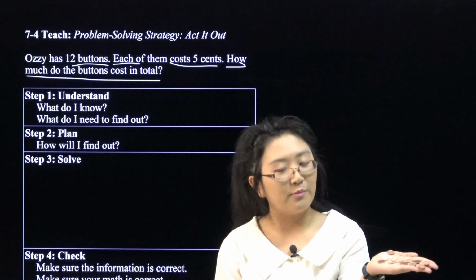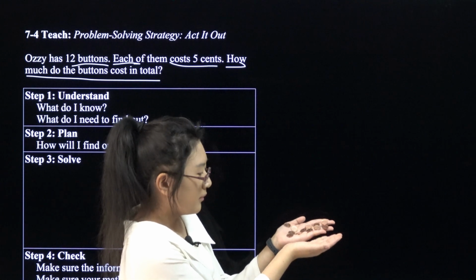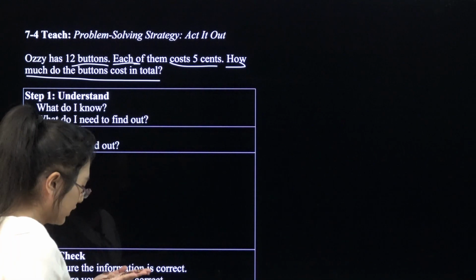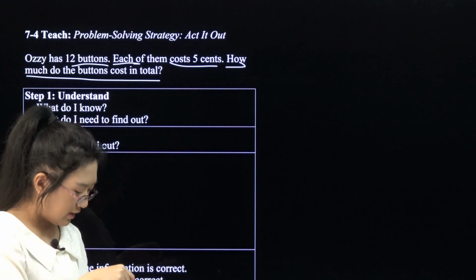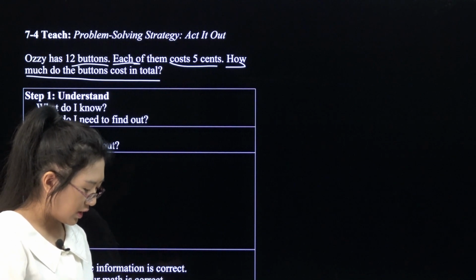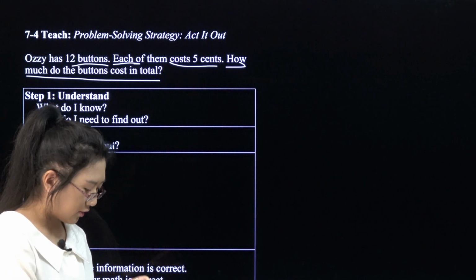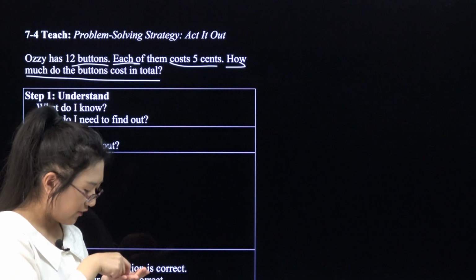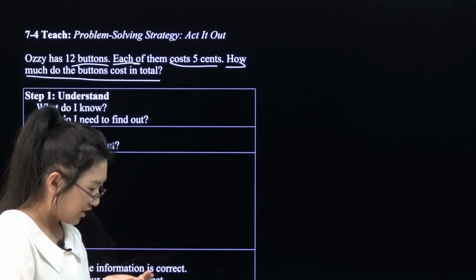So here I have 12 pennies in my hand, which I'm trying not to tip off. And here's how you would act it out. Oh, 12 pennies. Let's count. 5, 10, 15, 20, 25, 30, 35, 40, 45, 50, 55, 60.